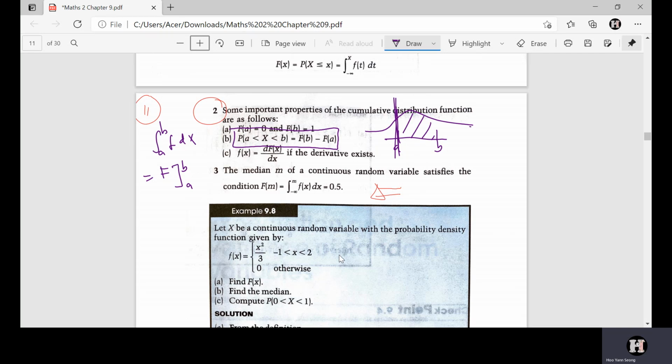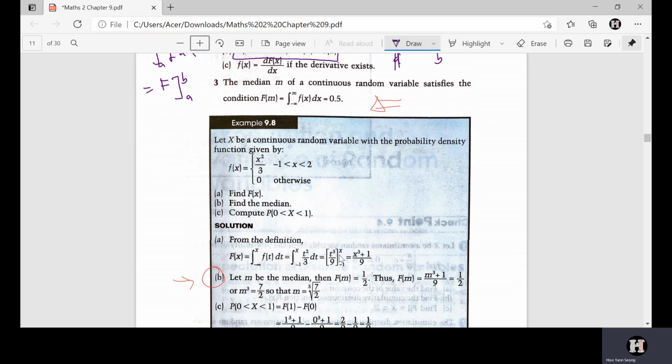One more thing about the median: the discrete cumulative is found by summing up, while this one is by integrating. So from negative infinity until the median, the function equals 0.5. From there, you substitute in your m, then you can find what your m is.